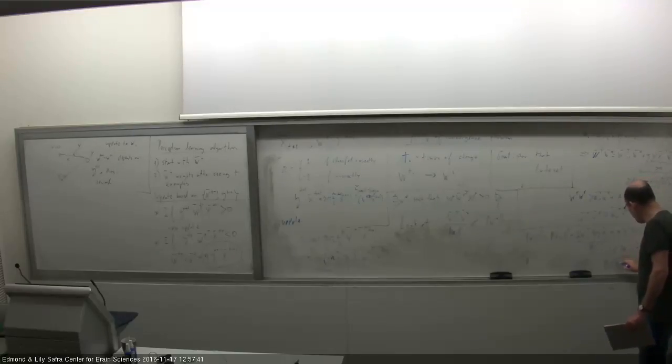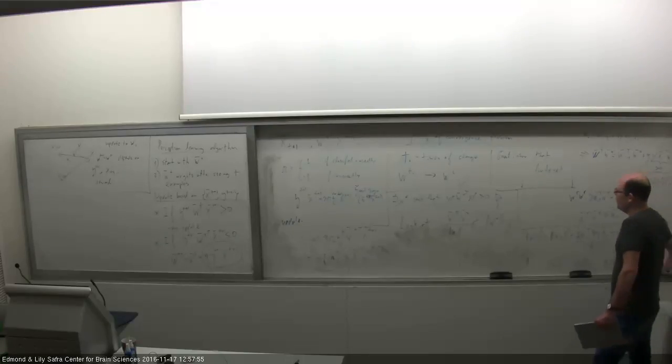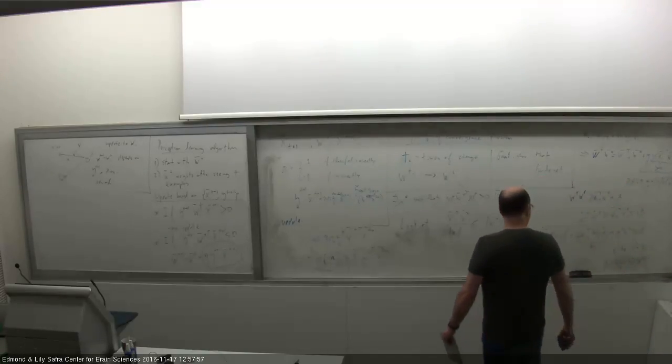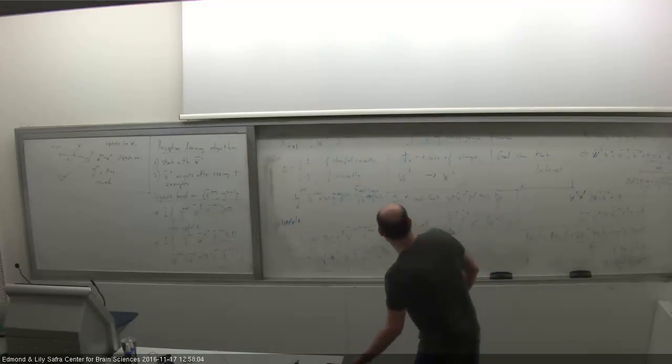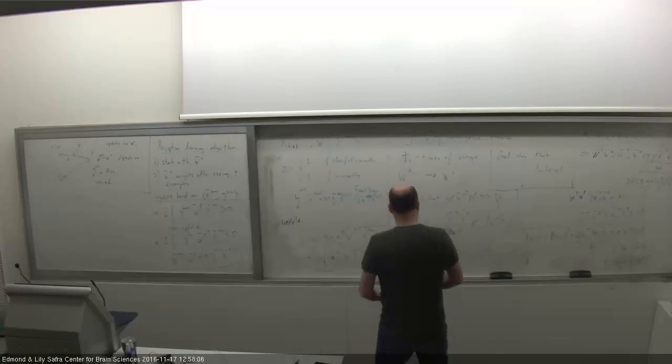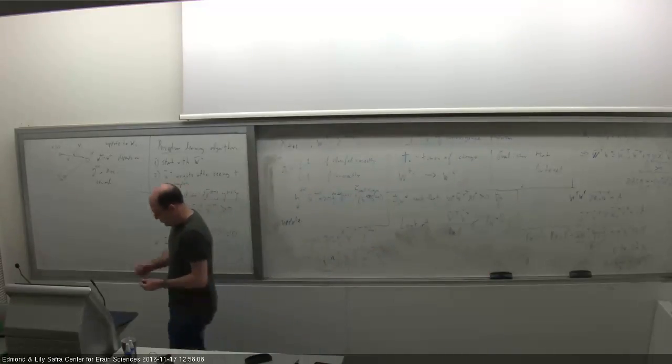So b is the maximum of eta squared times the norm of x mu squared over all mu. Okay, so now if we put things together, let's go back to this point.